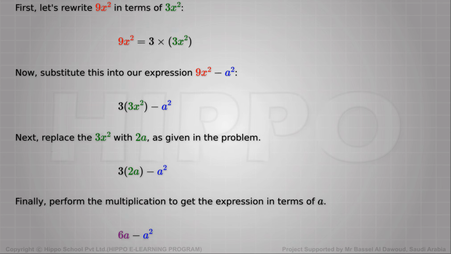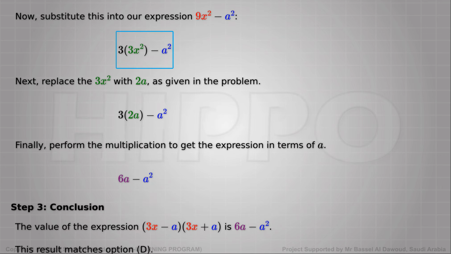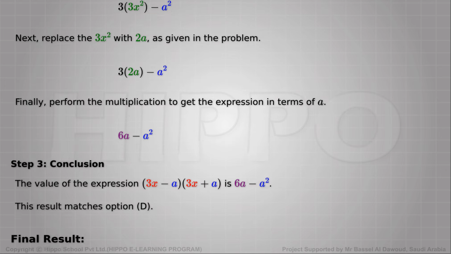So by replacing 9x squared with 3 times 3x squared, our entire expression now becomes 3 times 3x squared minus a squared. We haven't changed the value of the expression at all. We've just written it in a more useful form for our next step. And now for the key substitution.